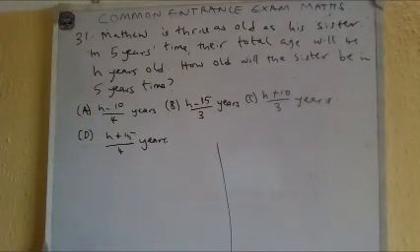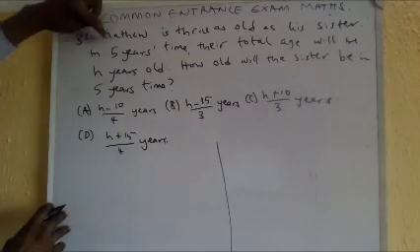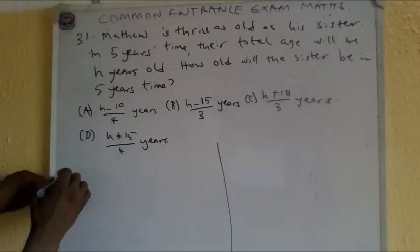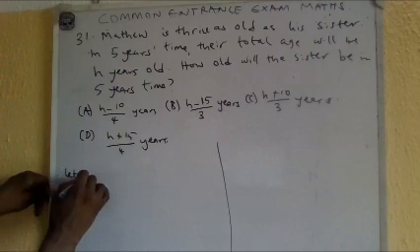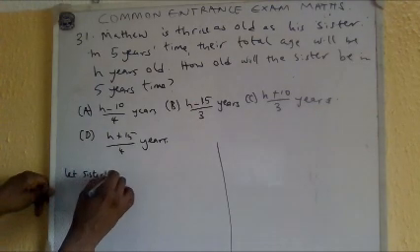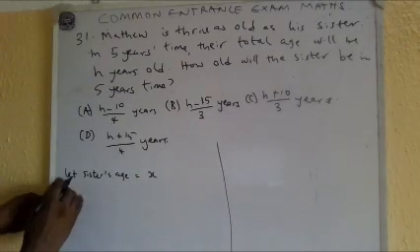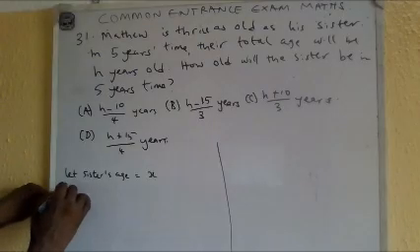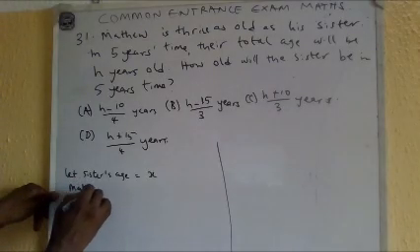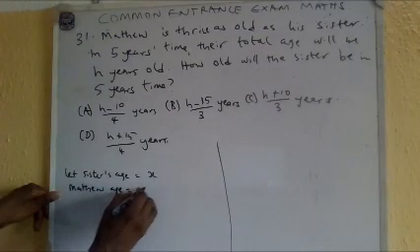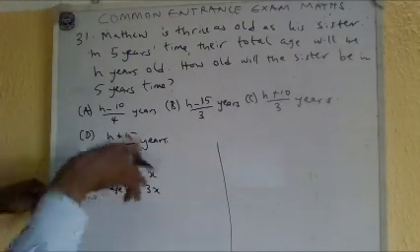So for this one, let the sister's age be x. Matthew's age is equal to 3x, that means 3 times x.